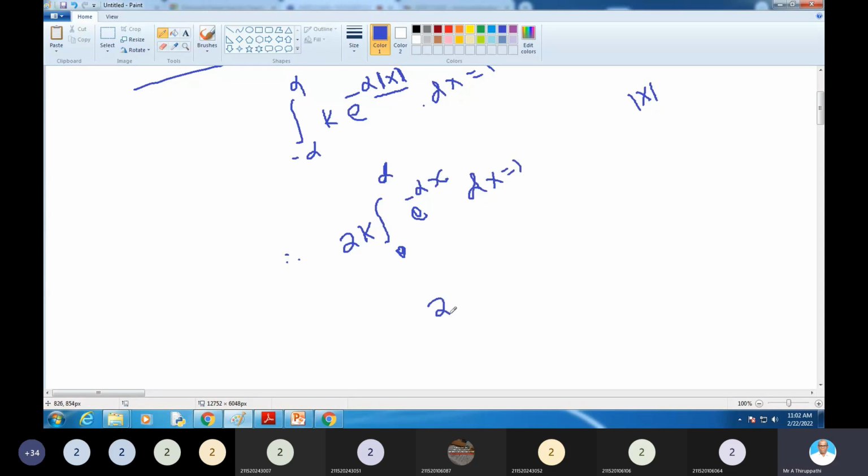So 2k, and the integral of e to the power minus alpha x is e to the power minus alpha x divided by minus alpha, with limits 0 to infinity, equal to 1.